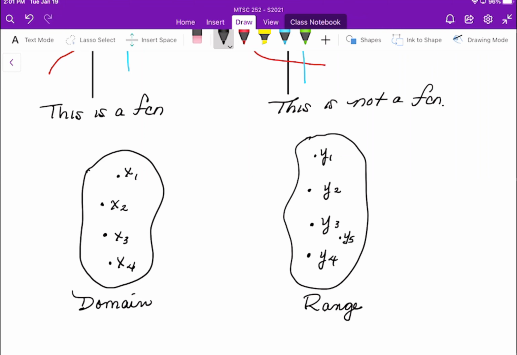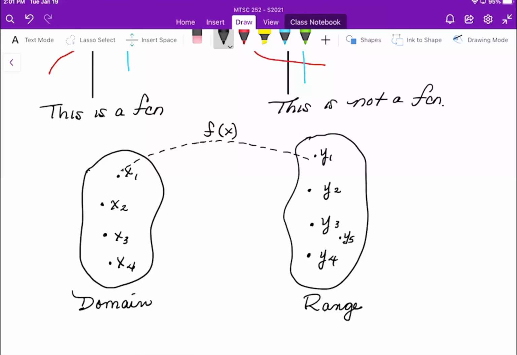Okay, so for this function f, f is going to take some x1 and take it to y1. So this function is going to be f of x.